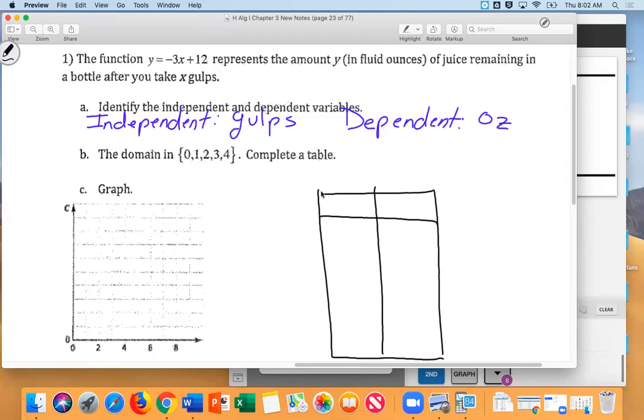The first column is going to be your X. The second column is going to be Y. And notice, Hopi, it tells me what my domain is. Do you see that? So those numbers go right here. 0, 1, 2, 3, and 4.